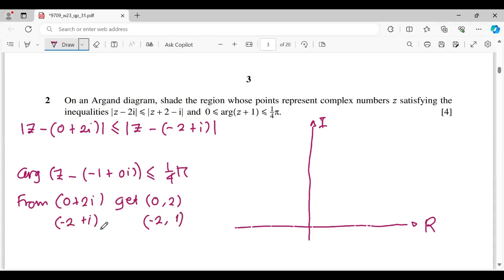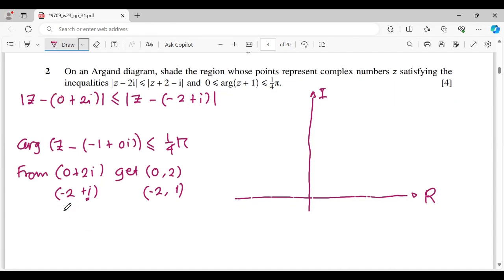This minus 2 is on the real axis and this one is on the imaginary axis. Then from minus 1 plus 0i, we get coordinate point minus 1, 0.